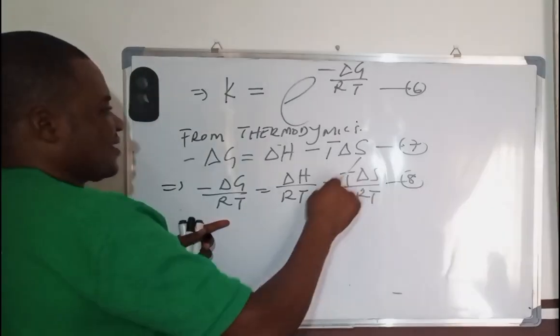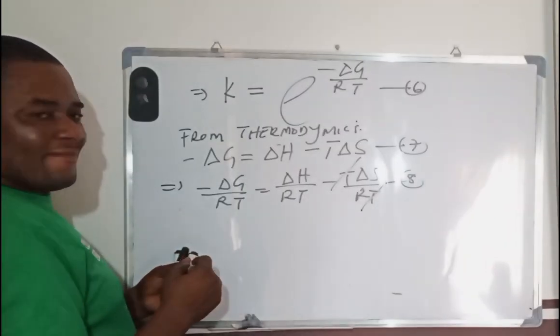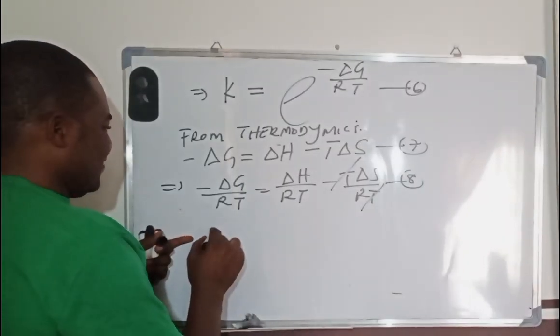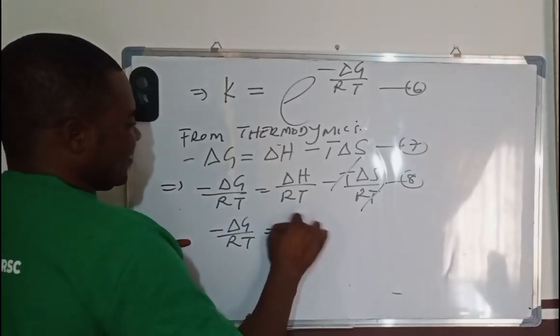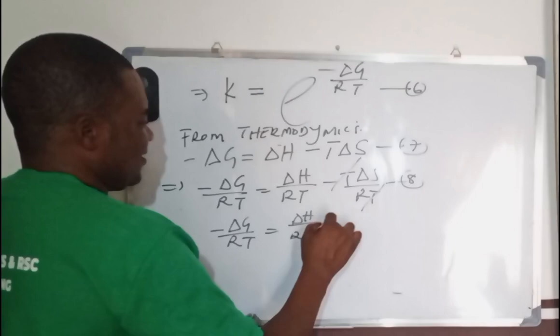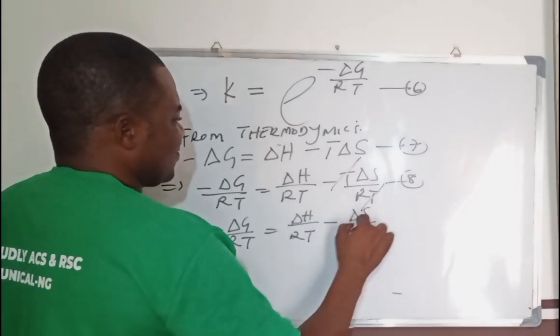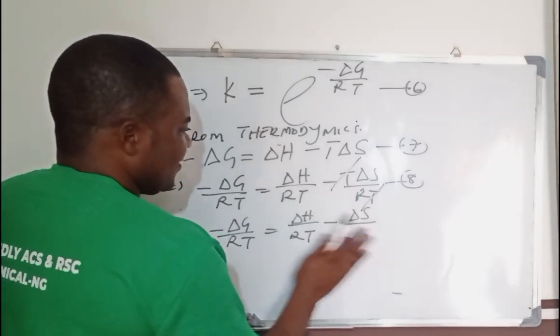In this case, we can cancel the T here. So we are going to have minus delta G over RT equals delta H over RT minus delta S over R.